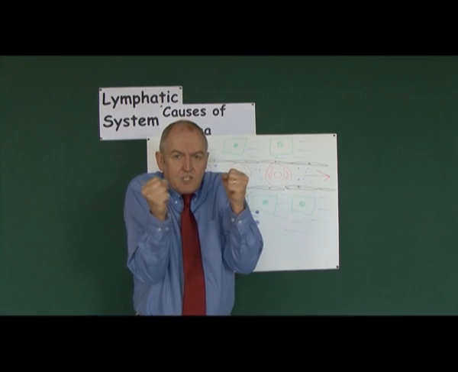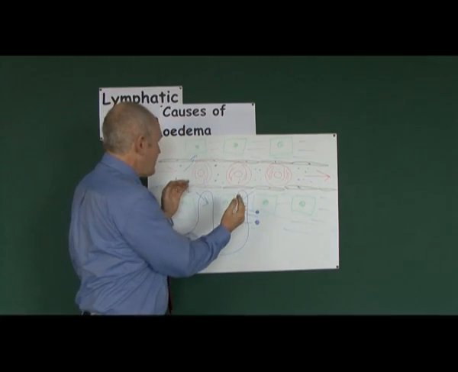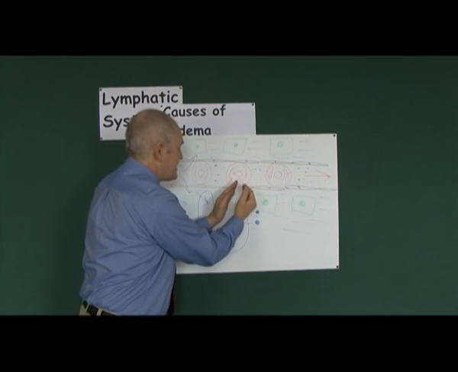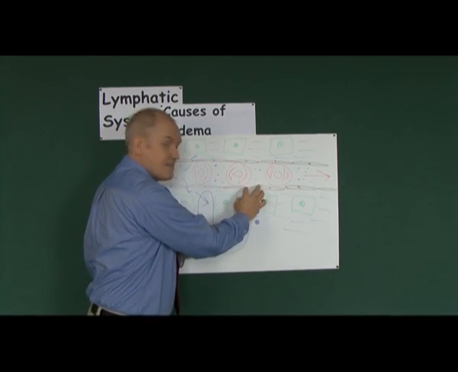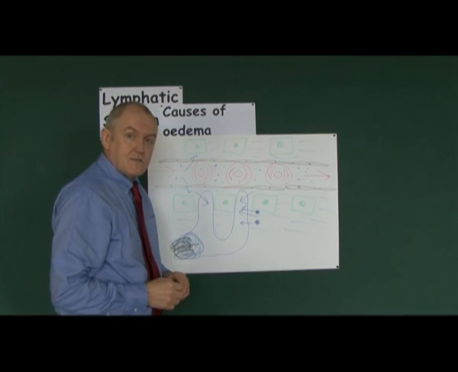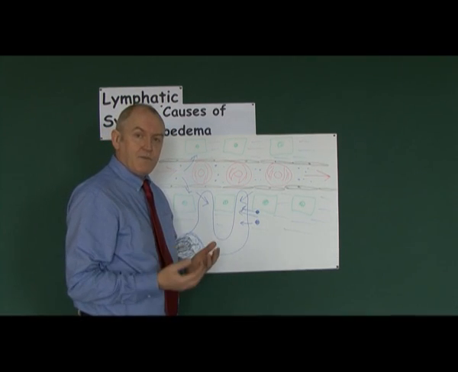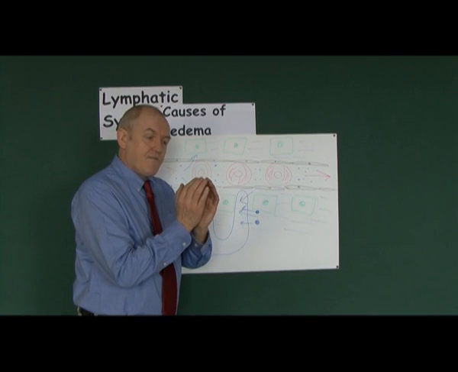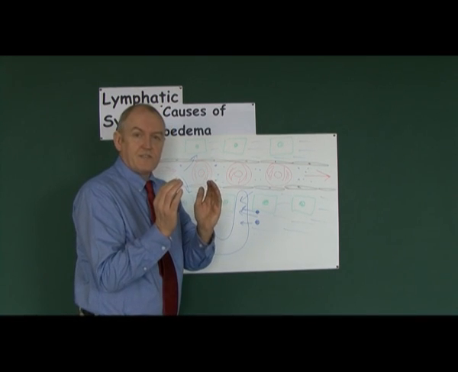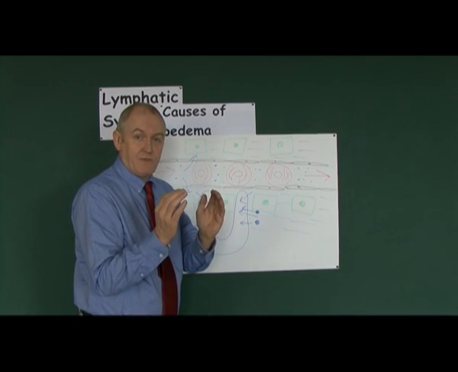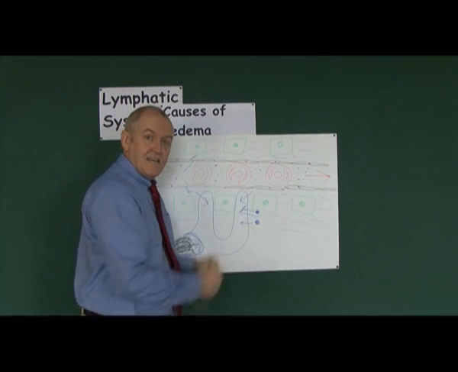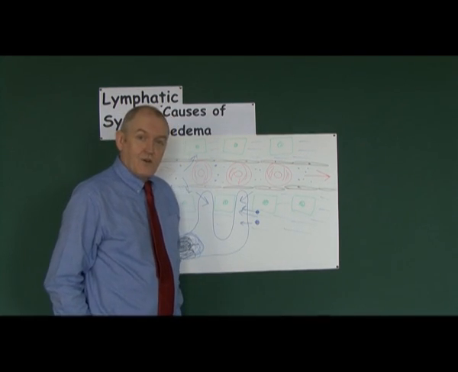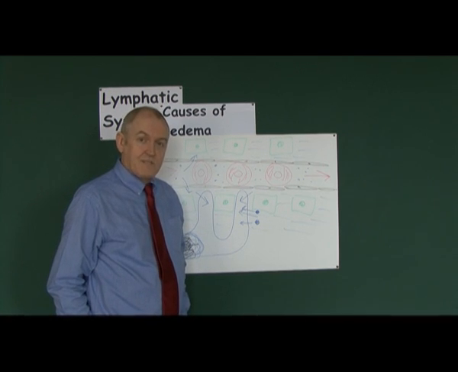This means the cell gets smaller, and if the cell gets smaller, I think you can see that that is also going to increase the size of the gaps between adjacent endothelial cells. So in inflammatory processes, there's vasodilation to increase the size of the gaps between the capillaries, and the cells themselves actually contract and get smaller, also increasing the size of the gaps.